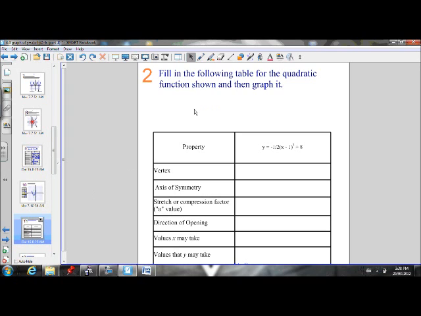Okay, example 2. Let's once again figure out our a, h, and k values. Our a value, in this case, is negative 1 over 2. So I'll just jot that down. A is negative 1 over 2. Oh, forgot my negative sign. There it is. The h value is positive 1, because this is my h right here. And then my k value is positive 8.